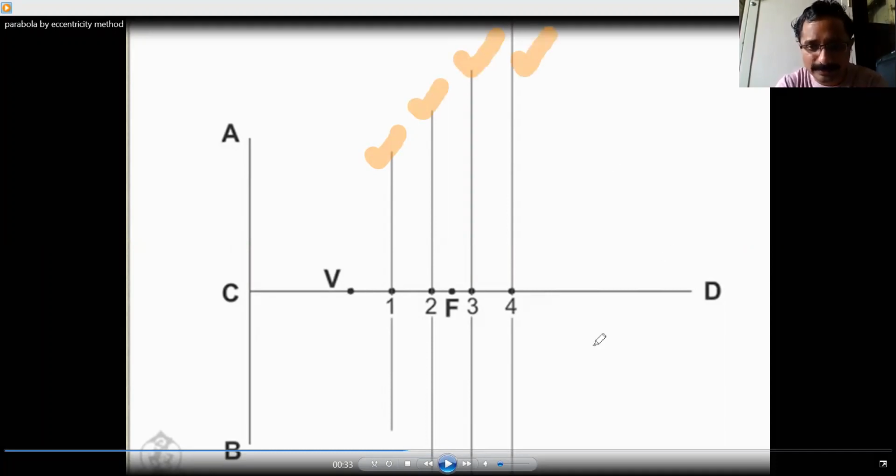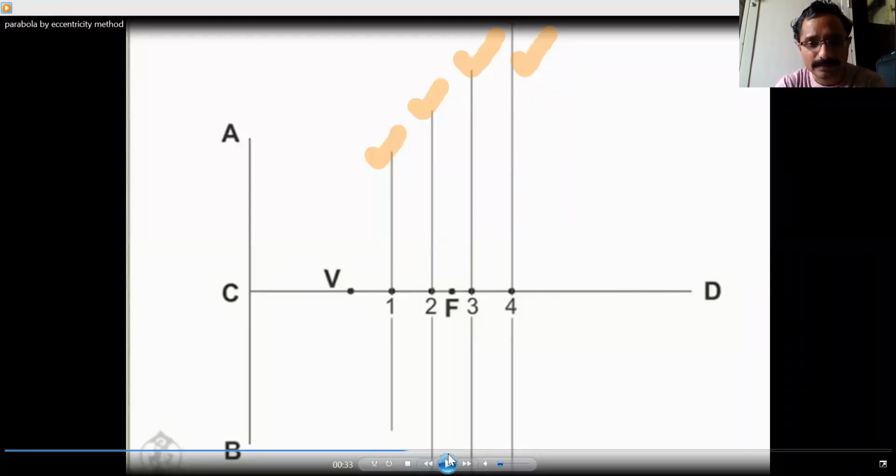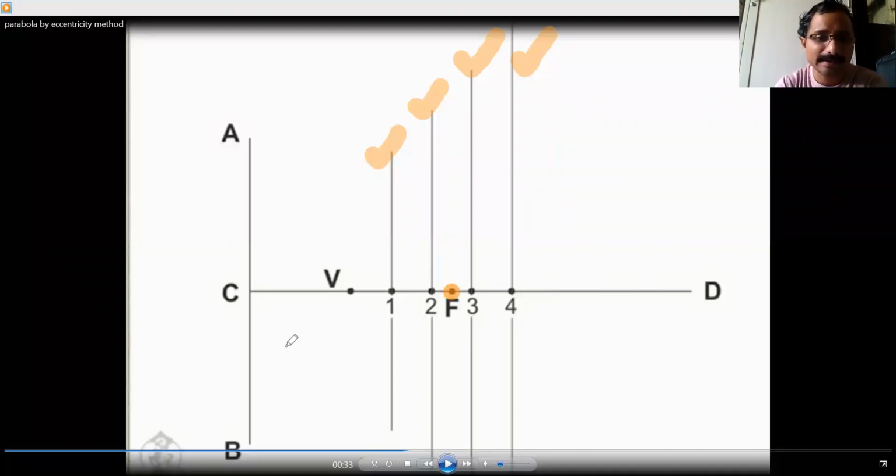Now I am moving further in the solution part. I want to draw an arc with F as center and radius equal to C1.